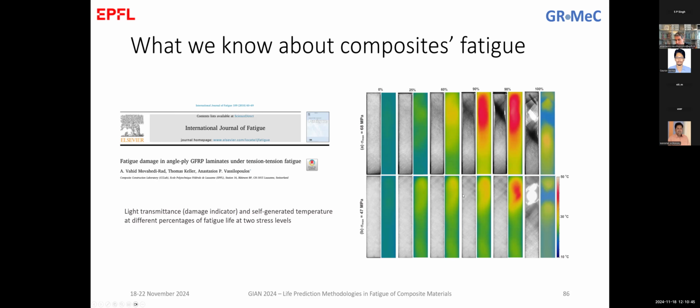But again, we could see that at a certain level, so you see here it's around 98% of the lifetime, so approaching the total lifetime of the material, we have some stress, some strain concentration, so some damage, which is shown by this darkening of the material, and this corresponded to increased friction.